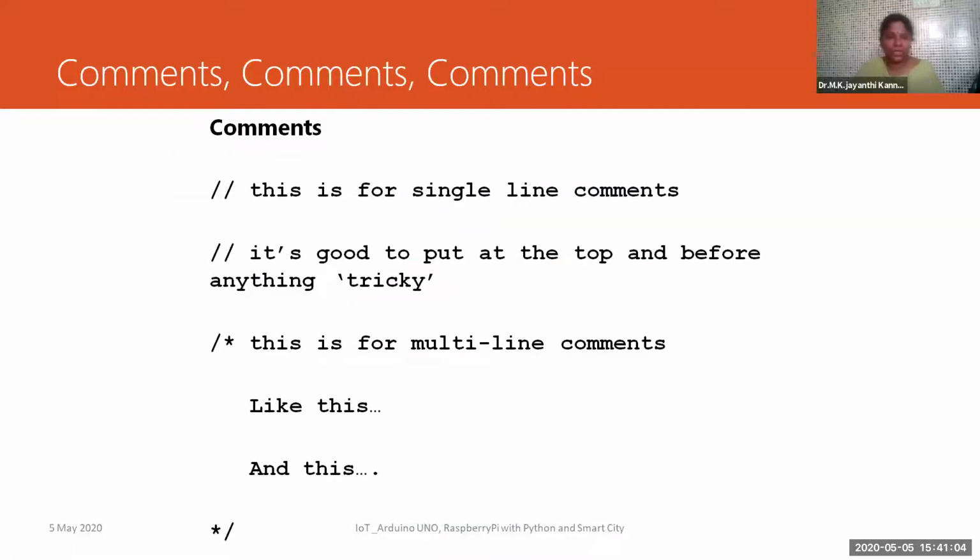If you want to write comments in the programming, we will use the comment statement. Same as in C++, we can make use of the comment statement. If you want only one line to be a comment, we'll use a double slash. Whatever is written after the double slash will be taken as a comment. It's only for the programmer's reference. Whatever logic, tricky word or explanation, the comments can be written after the double slash.